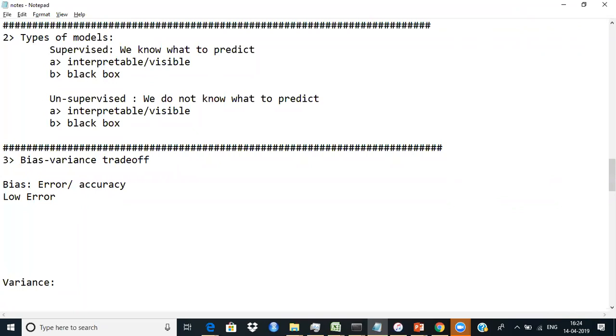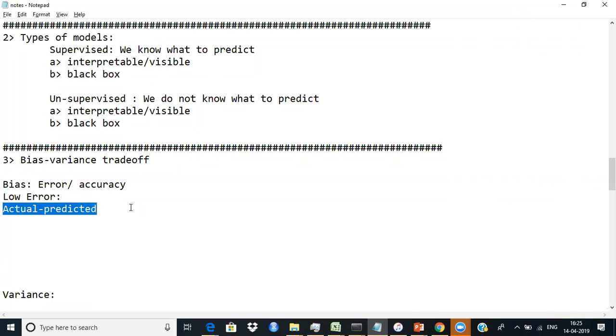Now, what is error? Error is nothing but actual minus predicted. What was the actual outcome, what is it that you predicted, and their difference. That is the error.